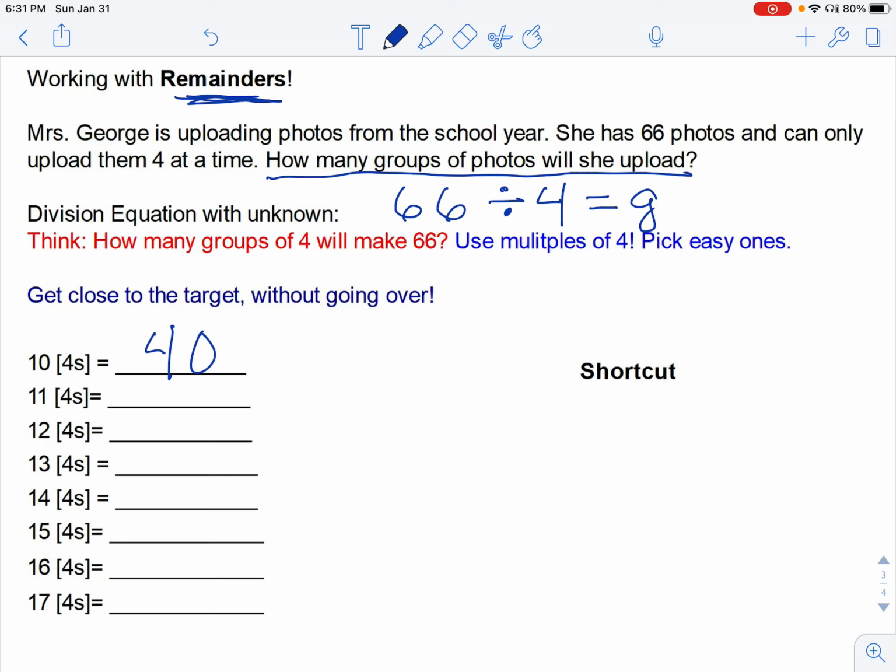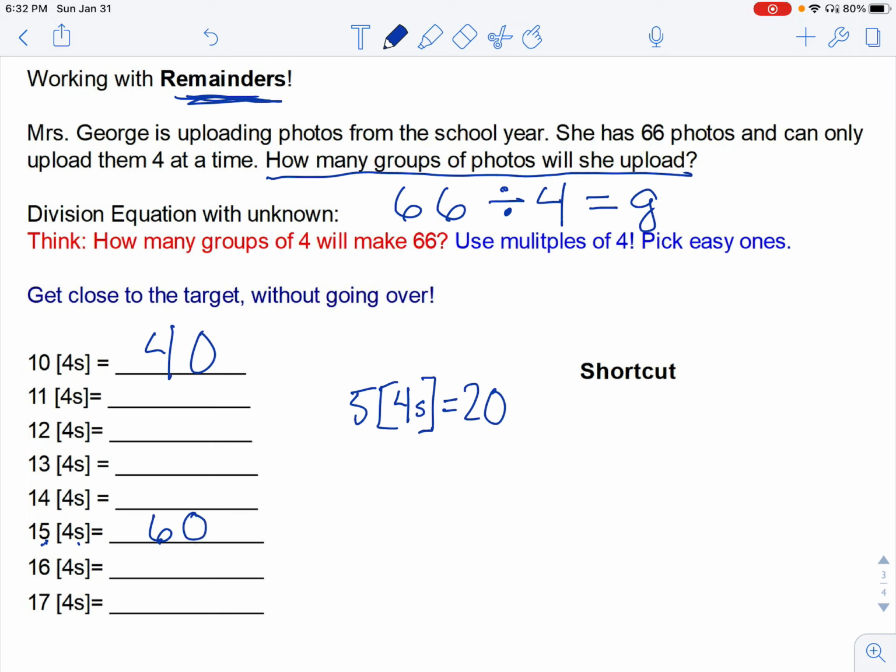So now maybe I'll think, okay, 15 groups of 4. Well, I know 10 groups of 4 was 40, and I know 5 groups of 4, or 5 times 4, is what? 5 times 4 is 20. So now if I jumped up here to 15, I'd know that was 40 plus 20 more, 60.